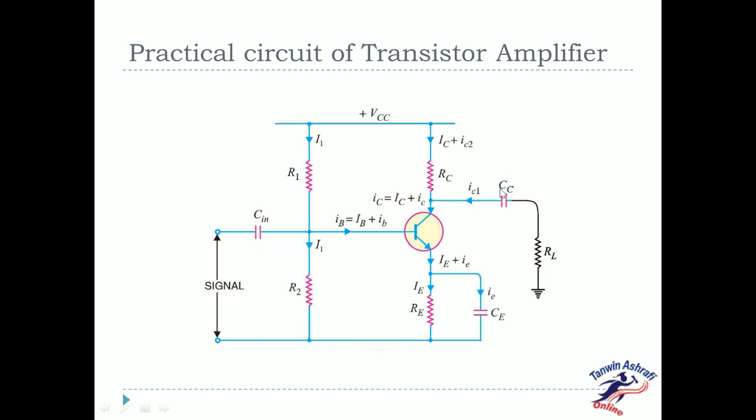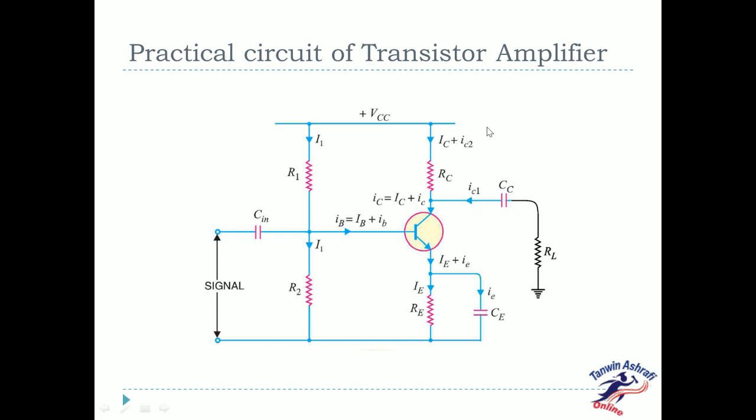Coupling capacitor CC. The coupling capacitor couples one stage of the amplifier to the next stage. If it is not used, the bias condition of the next stage will drastically change due to the shunt effect of RC.